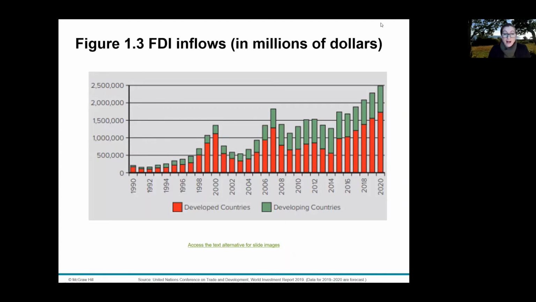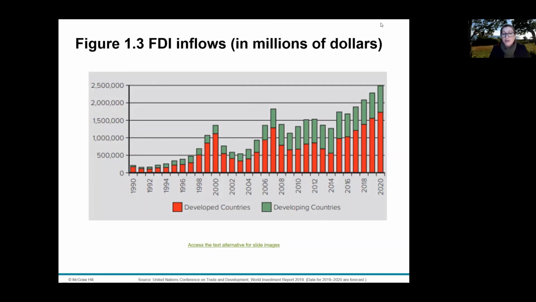The red bars are indicative of the developed countries, and the trend for them from 1990 to 2020, so over 30 years, there has been a fluctuation in foreign direct investment inflows. This is in millions of dollars.